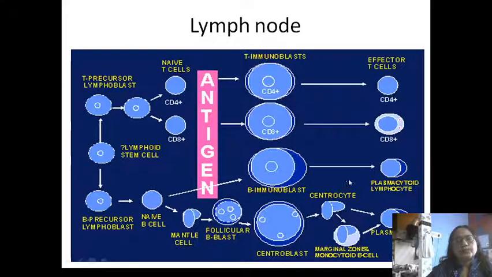So when we study lymphomas, we will see that these lymphoma cells are the clonal proliferation of any one such stage of maturation. One such stage of maturation will undergo clonal proliferation, resulting in a particular type of lymphoma.